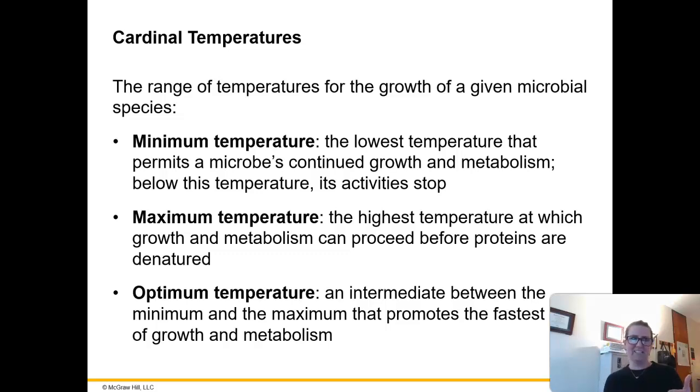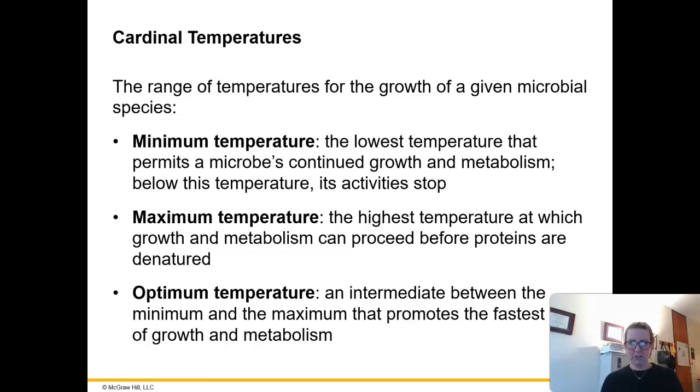So it is part of thinking about the practice of food storage and preservation and making sure we don't have food spoilage. Okay, the minimum temperature tells us the lowest temperature that permits a microbe's continued growth and metabolism. So it can still grow and metabolize and do its thing, but below this temperature, its activities stop.